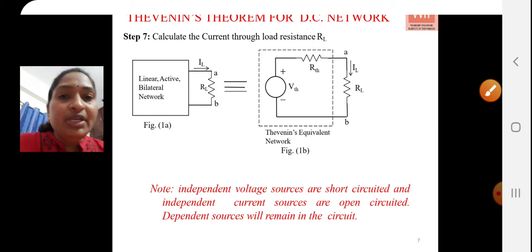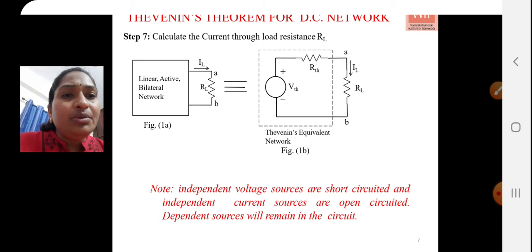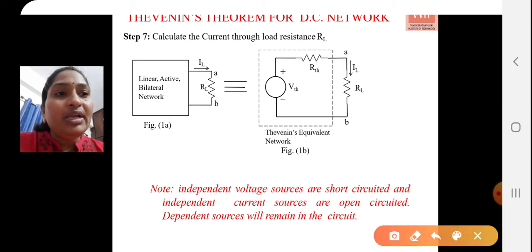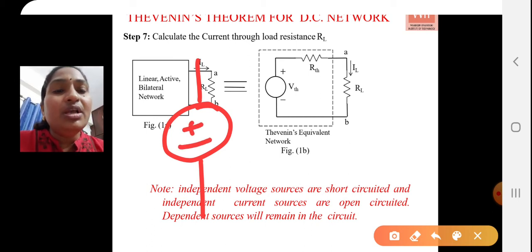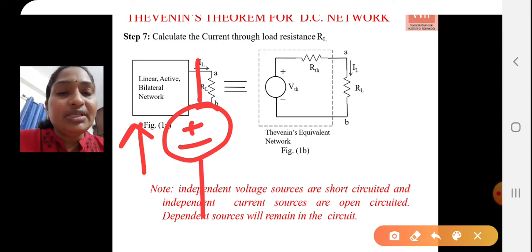Here one more point we need to remember is, while solving a DC network, we have to see what type of sources are present. Any network may consist of independent sources and dependent sources. We know that independent sources are denoted with a symbol, either a voltage source represented by plus or minus, or a current source represented with an arrow for the direction of current.